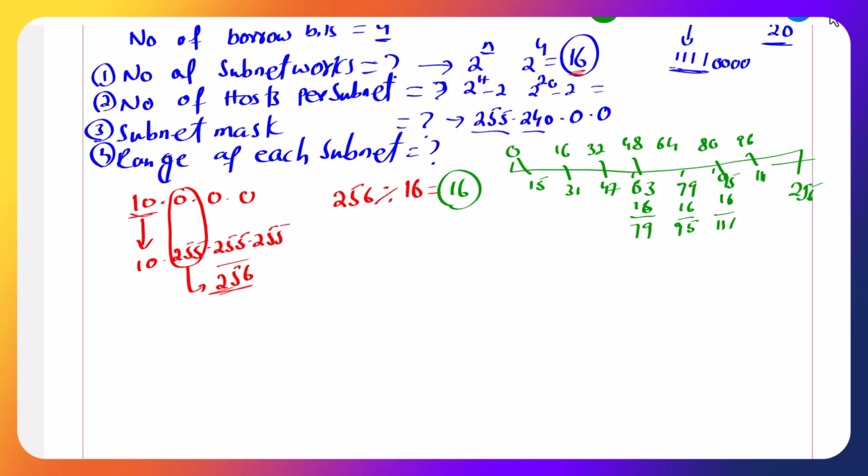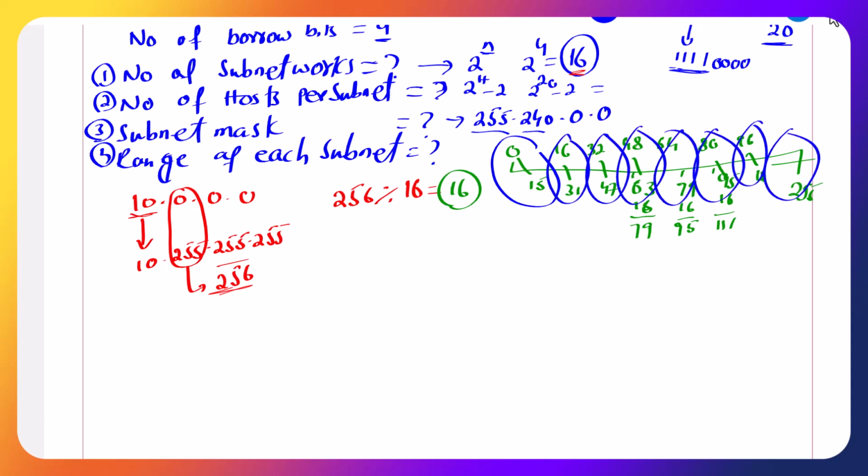Remember, you have to complete 16 ranges, one for each subnetwork, up to 127 is the 8th one. Now let's write the ranges of a few of these subnetworks.